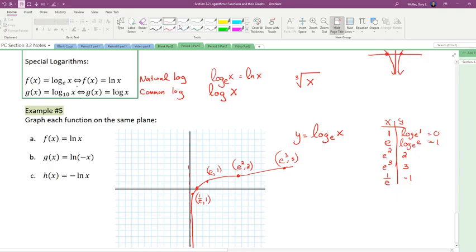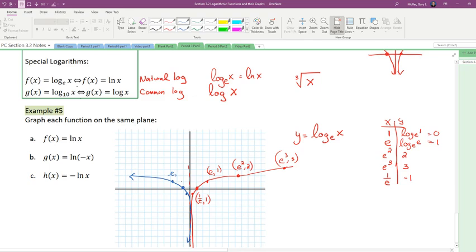Okay, g of x is going to be the natural log of negative x. And based on our conversation just a moment ago, that's just going to reflect it across the y-axis. So I'm going to have this point and this point and this point and this point down here. Oops, that's a little sloppy. I'll roll with it. So this is going to be negative e, 1.